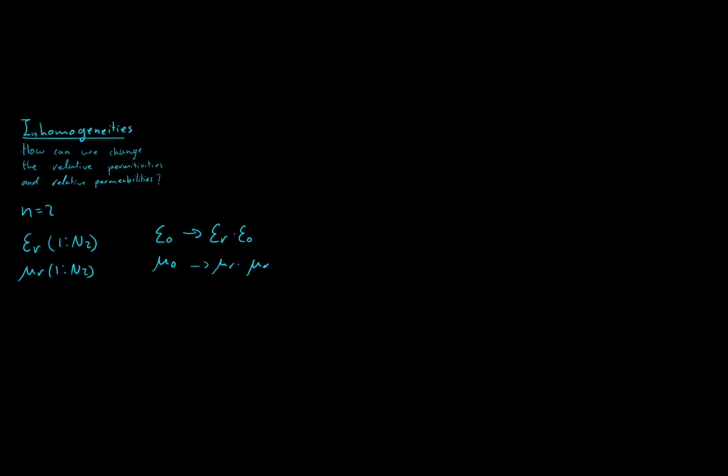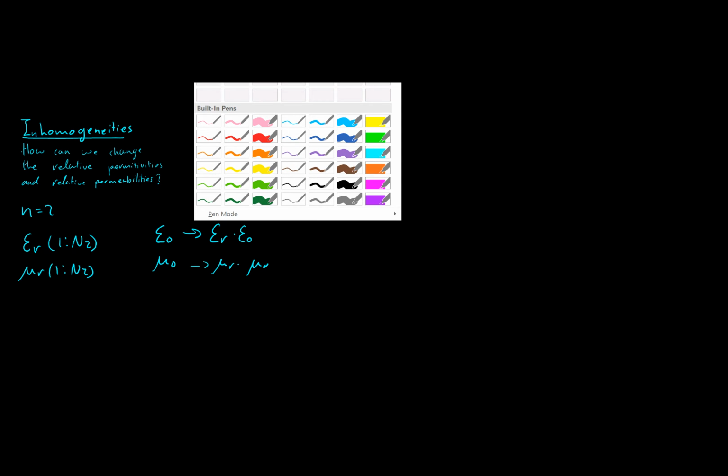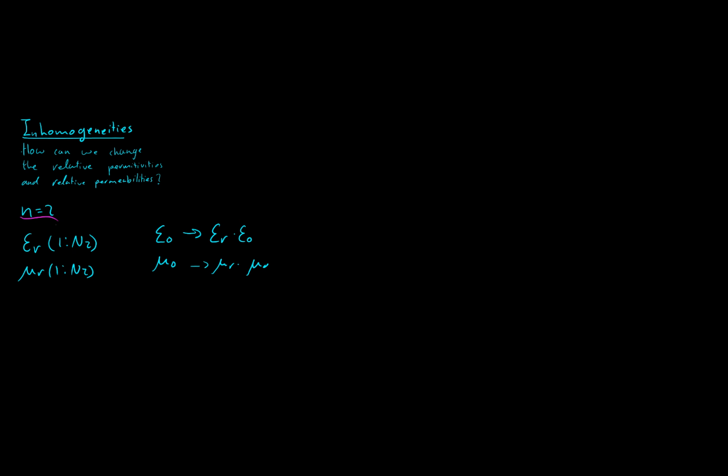Now, coming back to our question, what if we want to add an n equals 2 material? Well, n is equal to the square root of mu r epsilon r. Most of the time, mu r is 1.0.